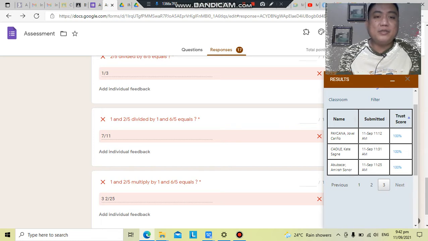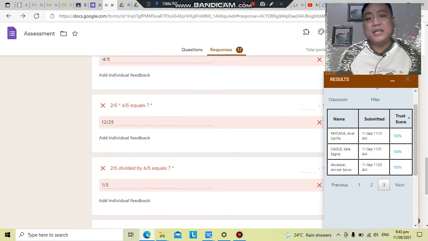So 7 over 5 divided by 1 and 6 over 5. 5 times 1 plus 6, that is 11 over 5. 7 times 5, that is 35. 5 times 11, that is 55. Kaya ang sagot, reduce it to lowest term, is 7 over 11 po.